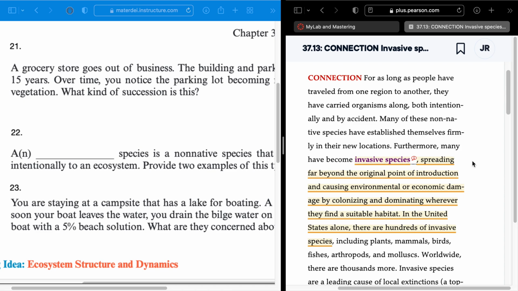When plants and animals have had a chance to live together over hundreds or thousands of years through all these generations, they keep each other in check. There's a good predator-prey relationship there, and they've evolved together.